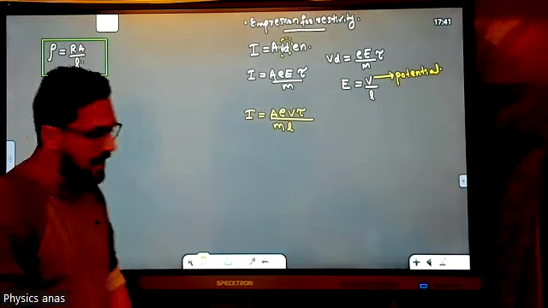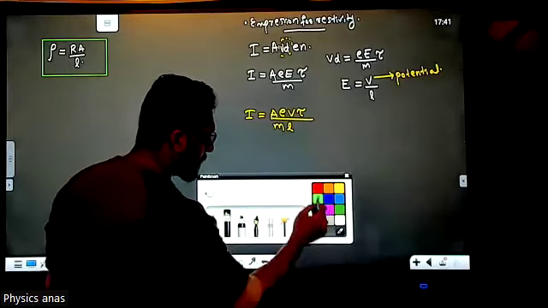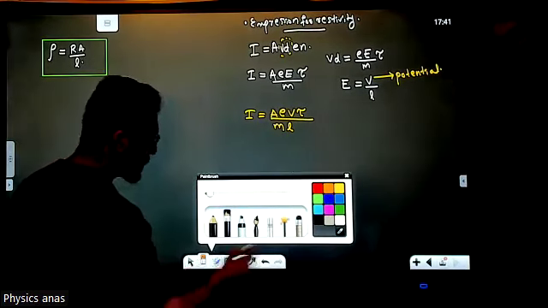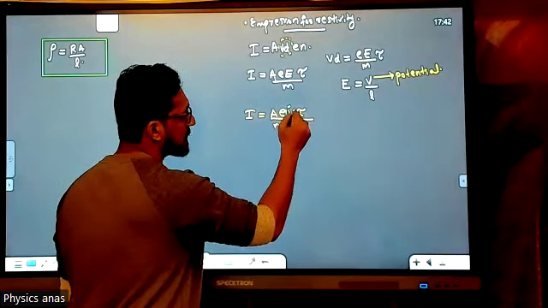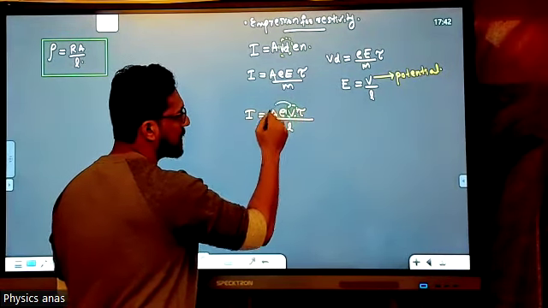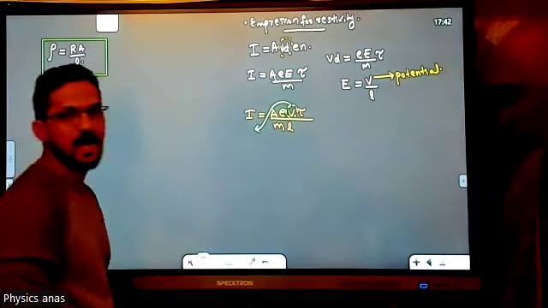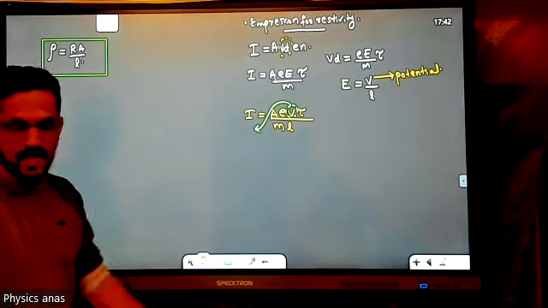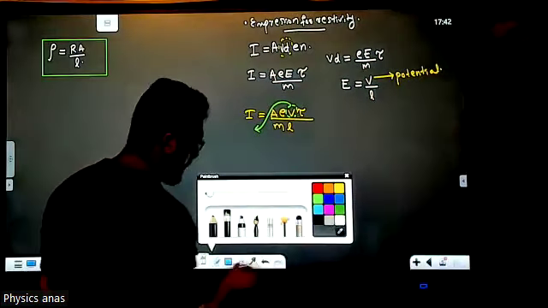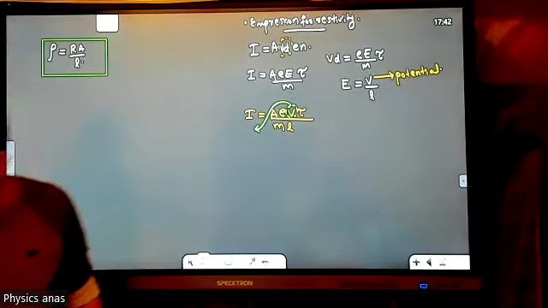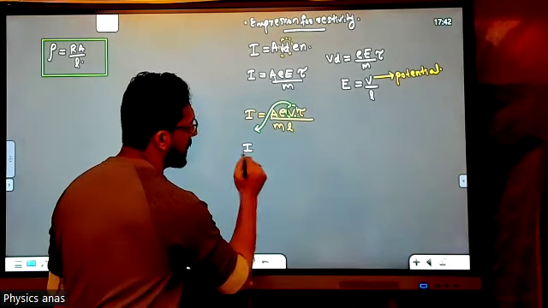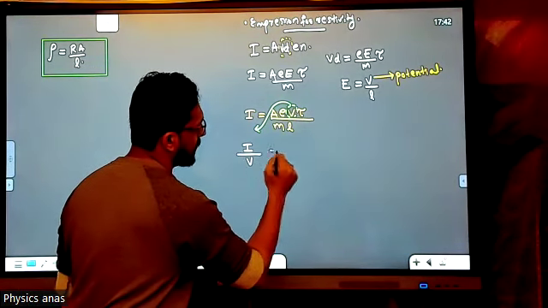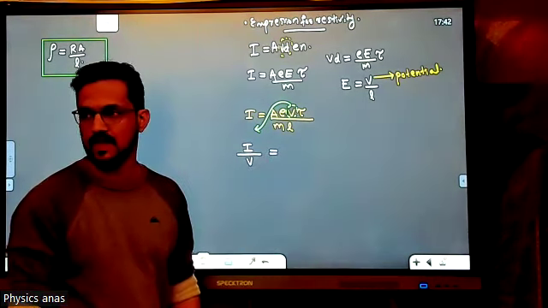Okay. And look at this equation. There is a V here, right? You can bring this V to the other side of the equation. What will be the next step? That will be I divided by V, right?